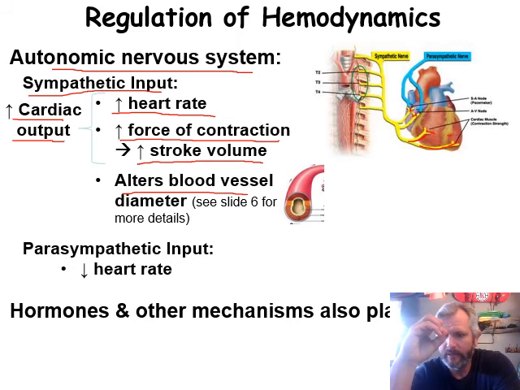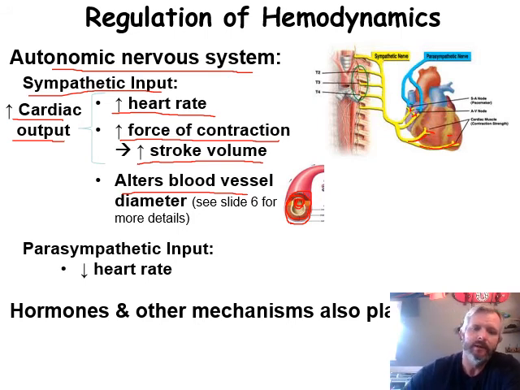So the sympathetic innervates the muscles of the arterioles, the muscle walls, and if it causes contraction, that's going to cause constriction. It will make the vessel diameter smaller. Okay, that's going to limit the flow of blood. Whereas if I have a nice big open diameter, that's going to allow more blood flow.